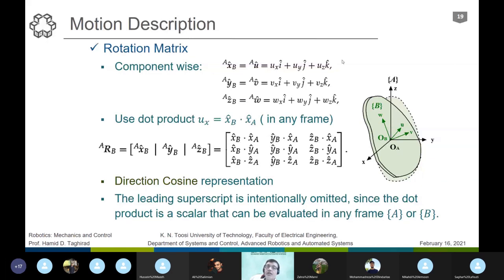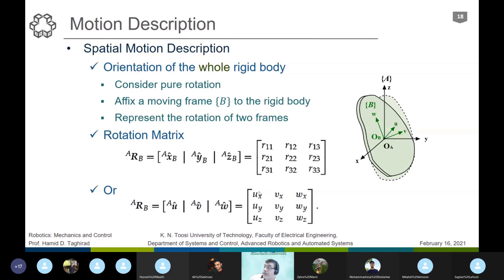We call the unit vectors of A i, j, k, and then we can consider this here. But how can we easily find UX? Either by inspection, you can put the U here and find the components. But mathematically speaking, it is very easy to find UX.